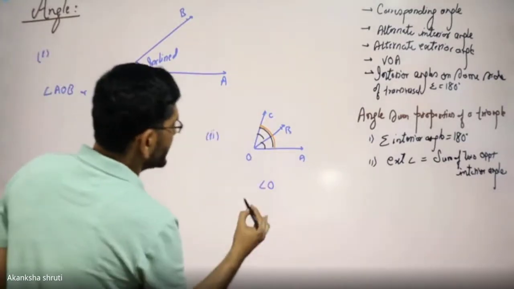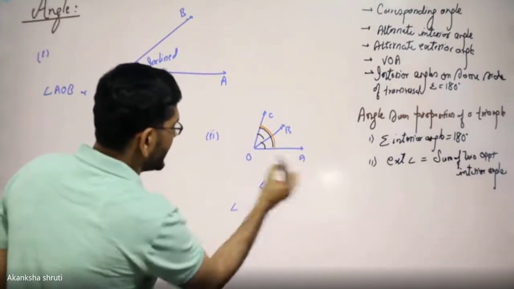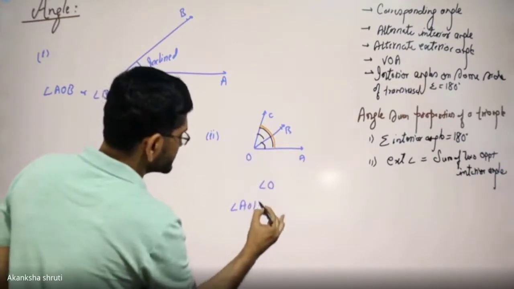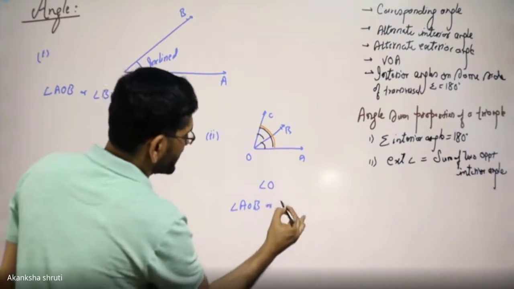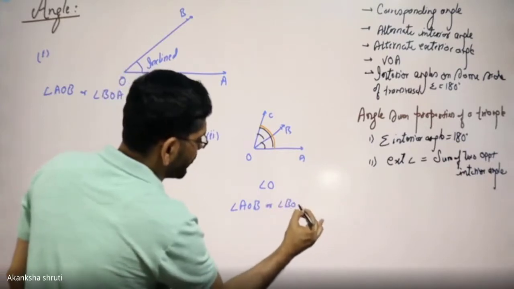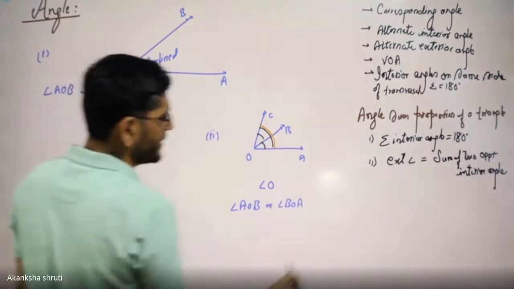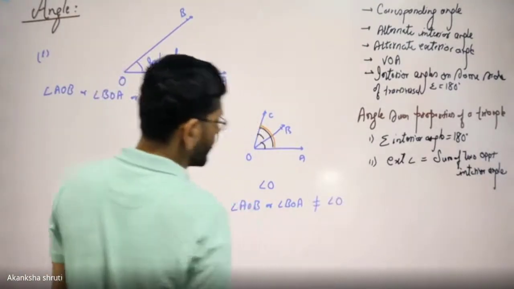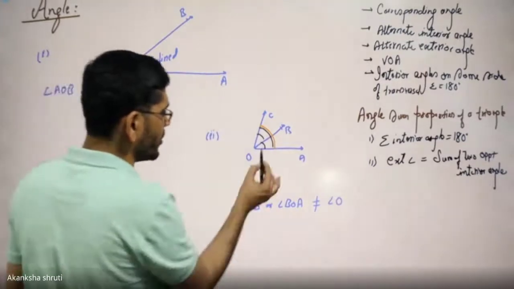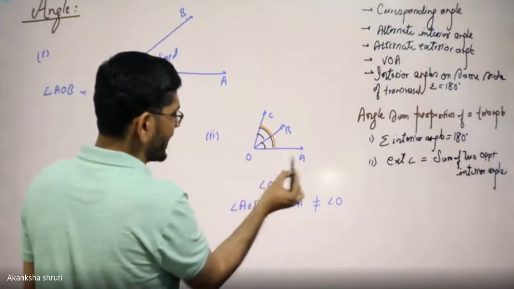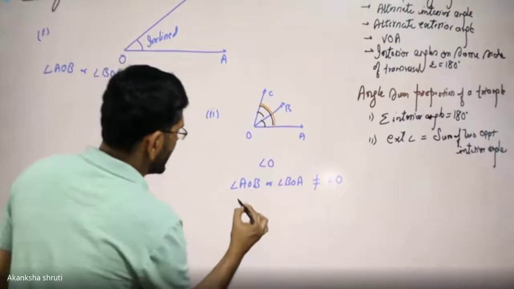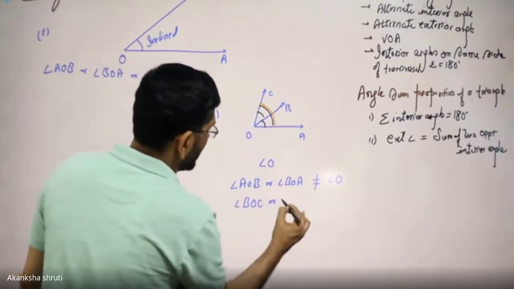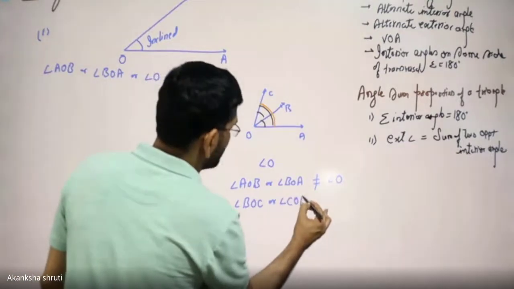So in this case, angle AOB, or you may call this angle BOA. But keep in mind, this can never be written or called angle O, because at O, there are three kinds of angles. The other could be angle BOC or angle COB.